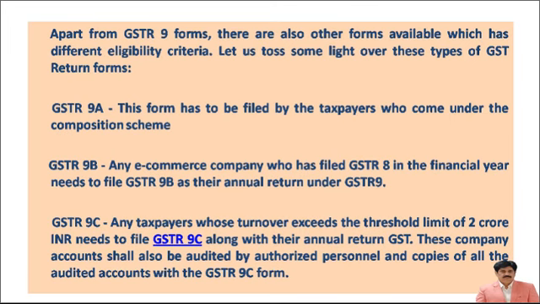GSTR 9A should be filed by those who have applied for the composition scheme. GSTR 9B is required to be filed by those who are doing e-commerce business. GSTR 9C should be filed by those who have a business threshold of more than the 2 crores limit. So these are the annual returns we are required to file.